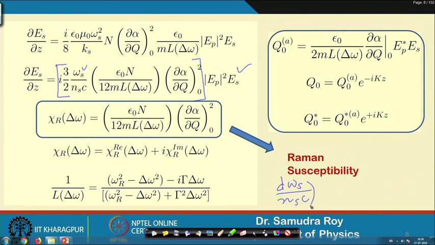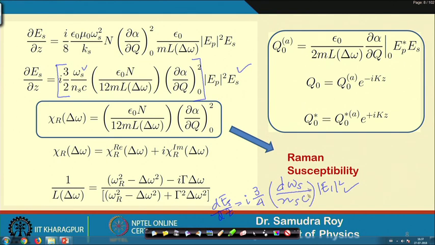So this was the multiplicative term we always had, and then there was some term say E 1 square and some coefficient, something like 3 by 4, I do not remember right now, and in the right hand side we had d E s or E 1 by d z. So this kind of form we had when we calculated the second harmonic and third harmonic.